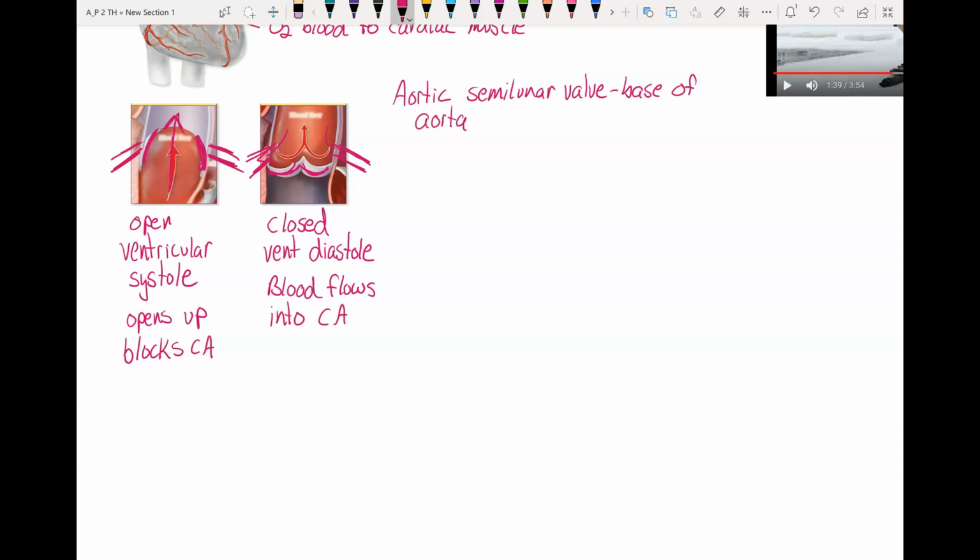So what this means is that every time your ventricle contracts, that aortic semilunar valve opens. And when it opens, it blocks the coronary arteries.